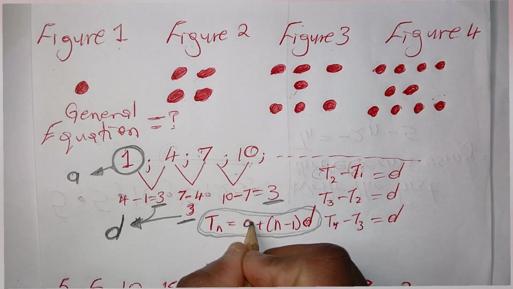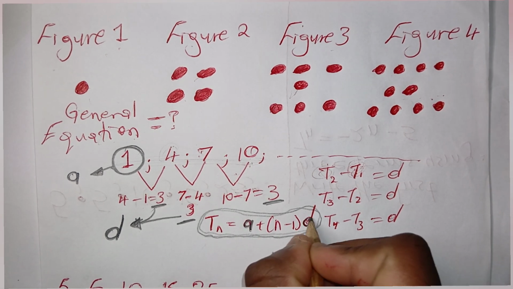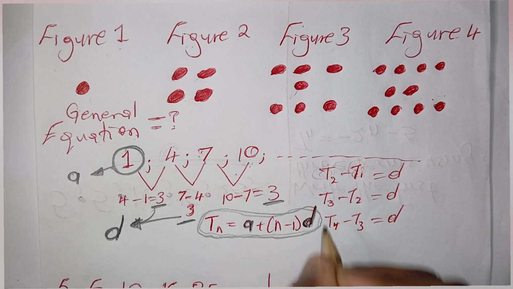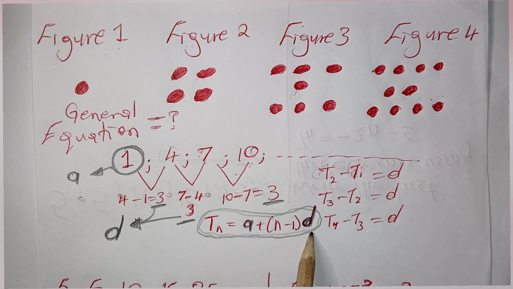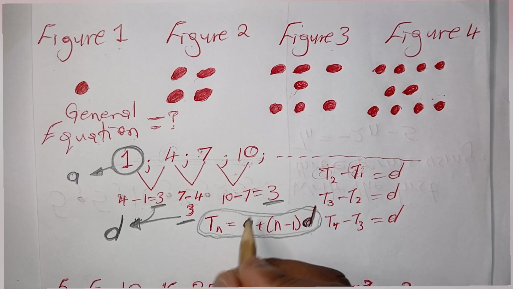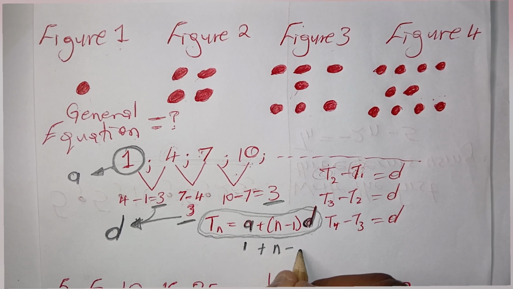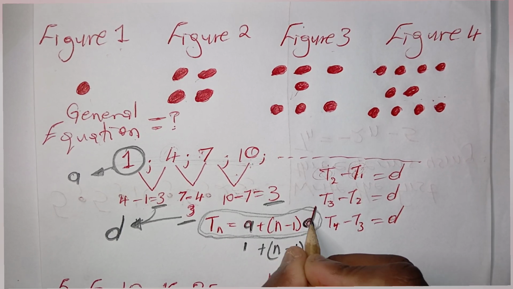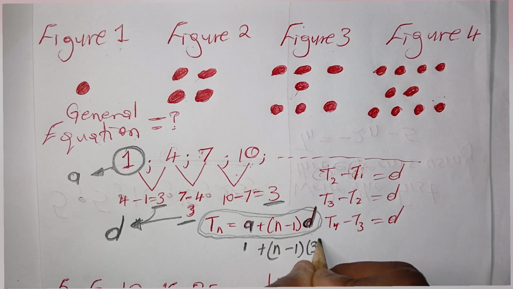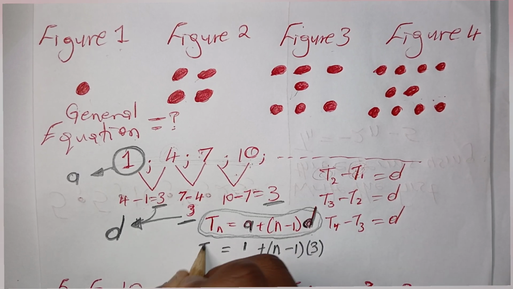Since we know our A and we know our D, let's substitute them here. When I substitute D, it's 3, and 1 for A.